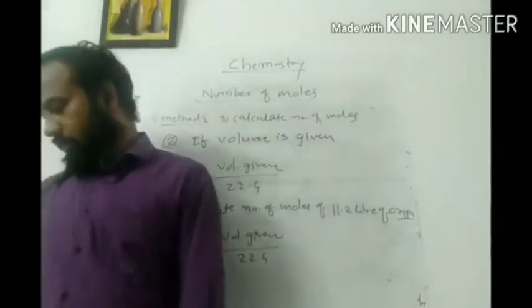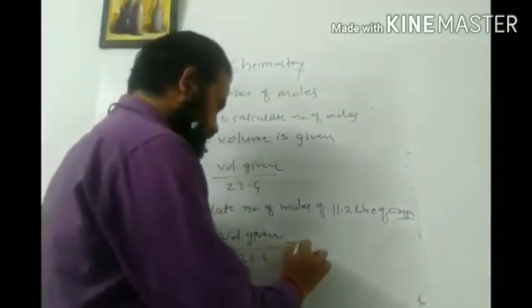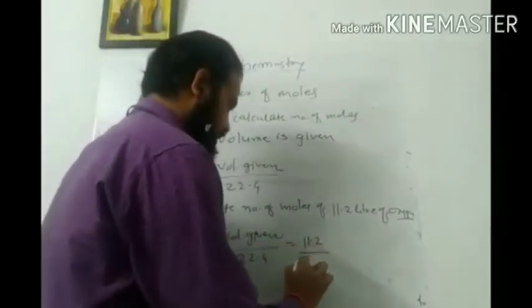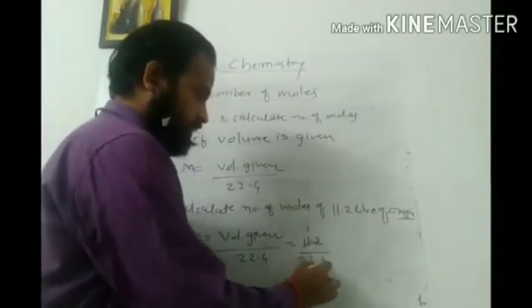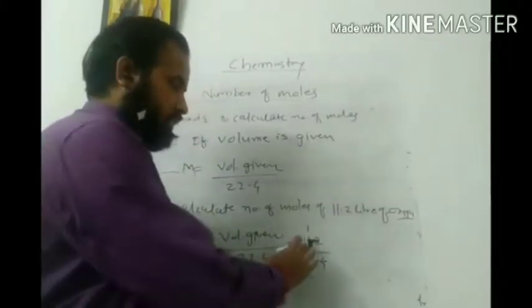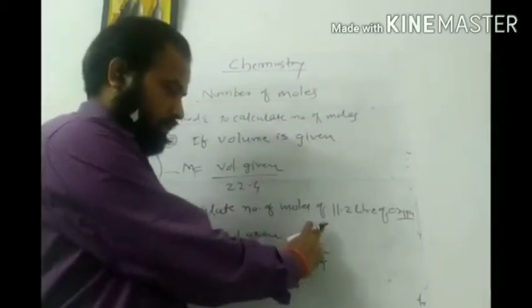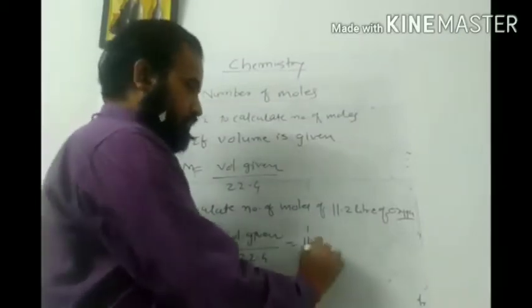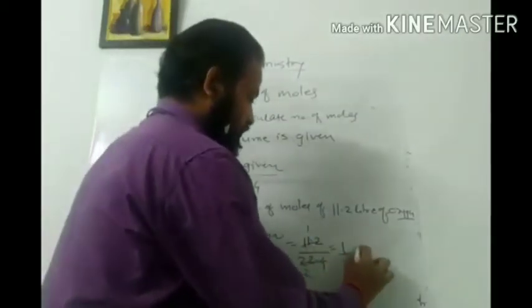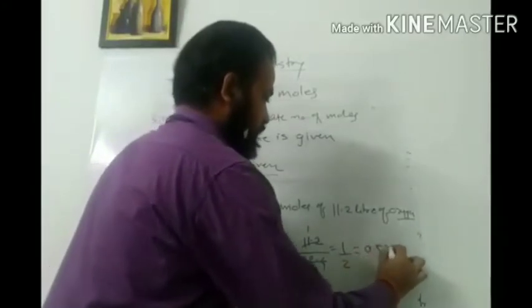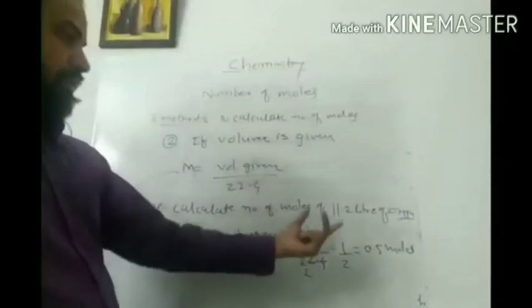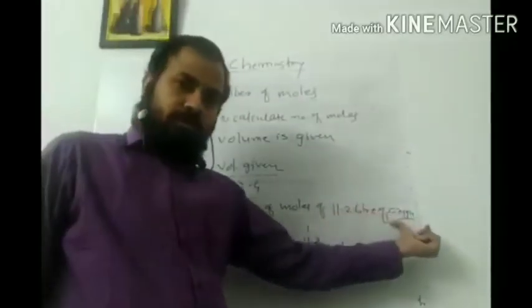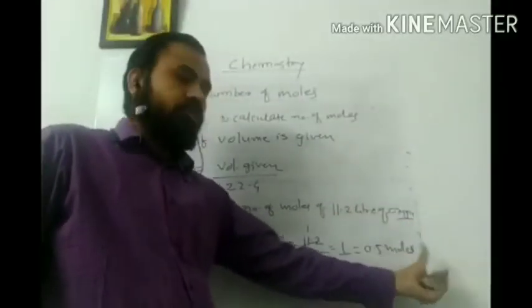I simply divide it, so it becomes 11.2 divided by 22.4, which is 1 by 2, or 0.5 moles. It means that if I have 11.2 liter of oxygen, it will contain 0.5 moles.